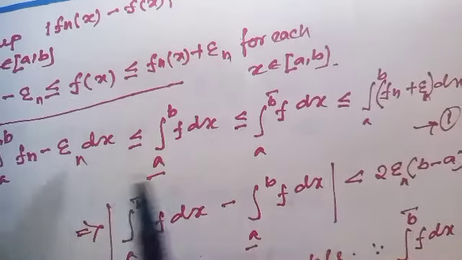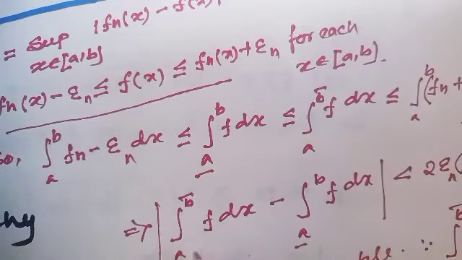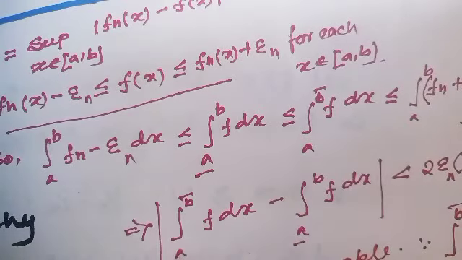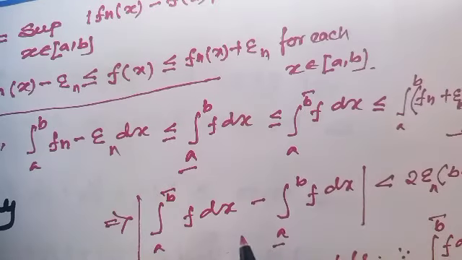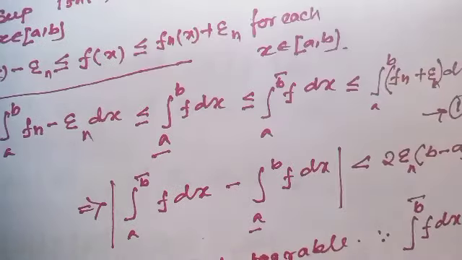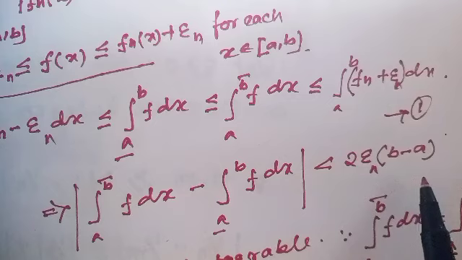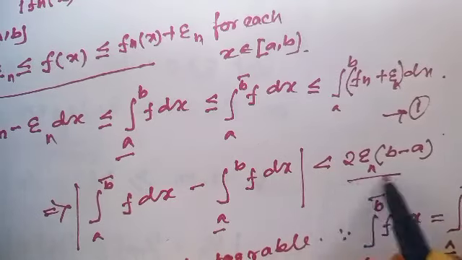Then, from this expression, we can tell easily that the modulus of the upper integral from a to b of f(x) dx minus the lower integral from a to b of f(x) dx is less than 2 times epsilon n times (b minus a). And this part is very small.